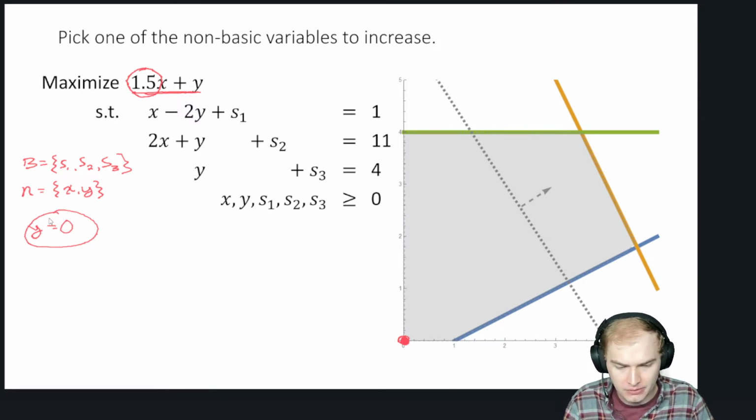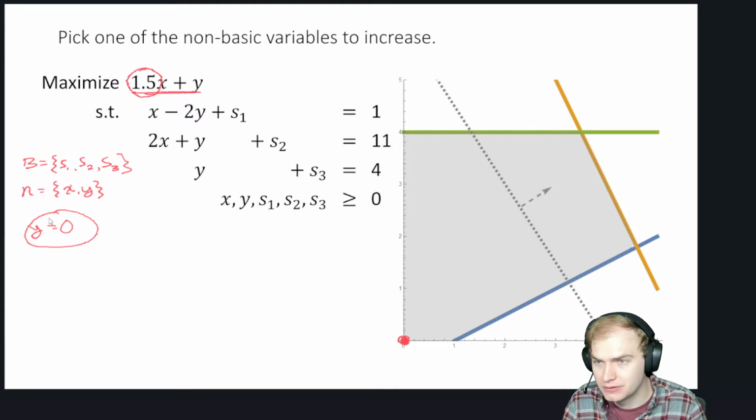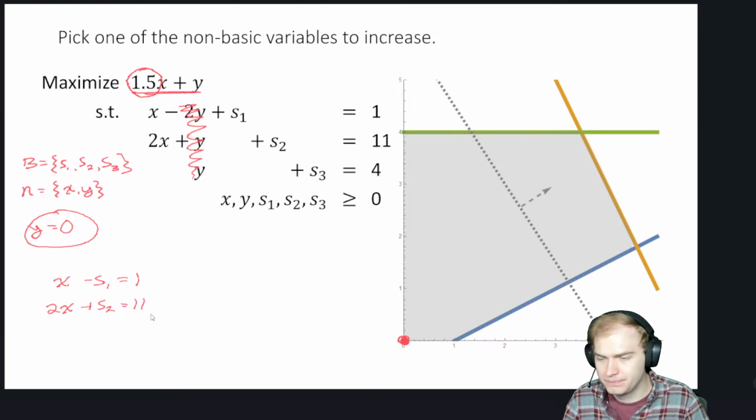And we're going to think about what happens when we increase x. So the first constraint tells us x minus s1 equals 1, 2x plus s2 equals 11.